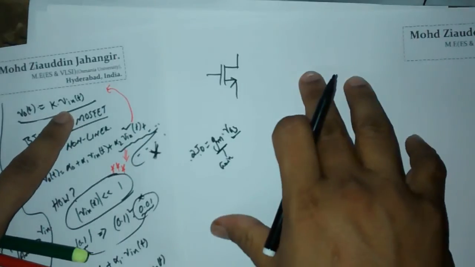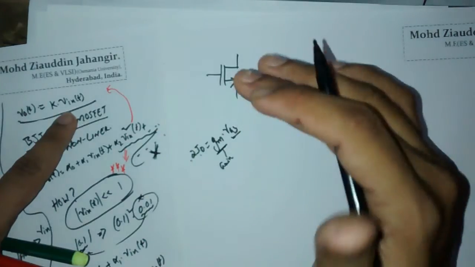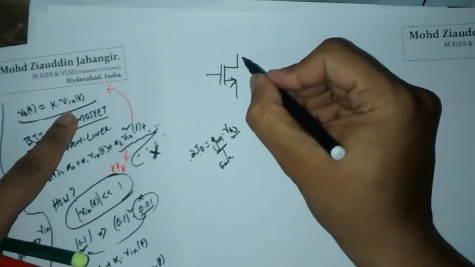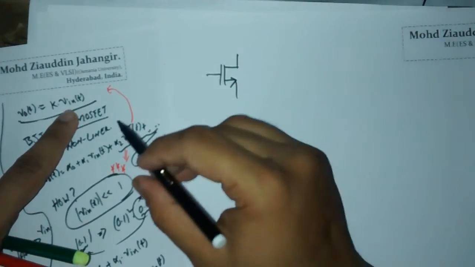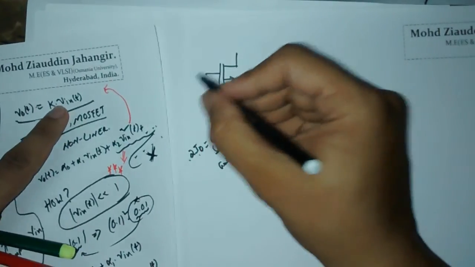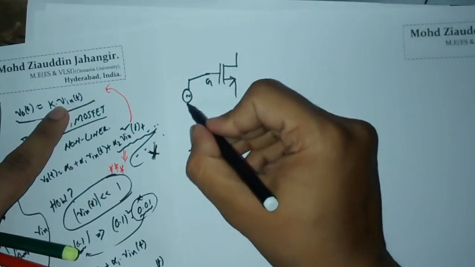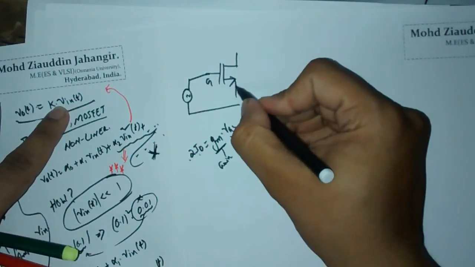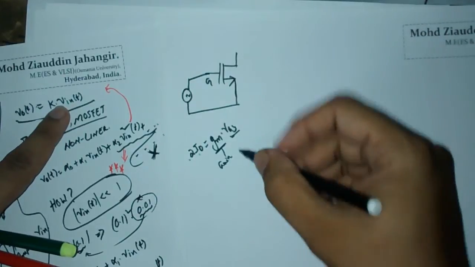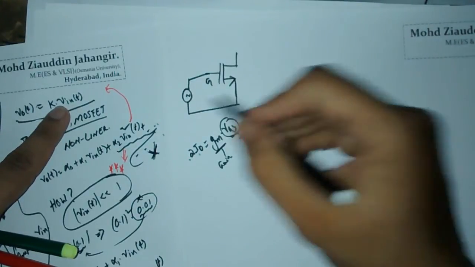Comparing these two, we can declare that in order to make this NMOS an amplifier, you have to convert this VGS into Vin. That means you should apply your input voltage to the gate of your MOSFET, between gate and source of your MOSFET. Okay, so this VGS now gets converted to your Vin.